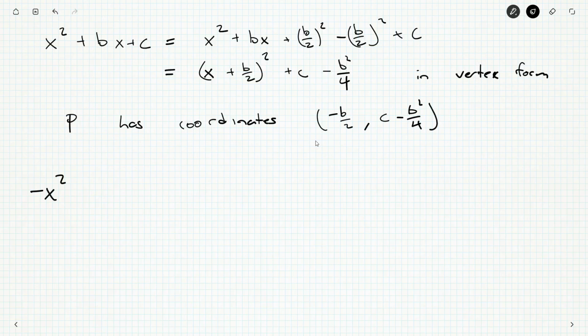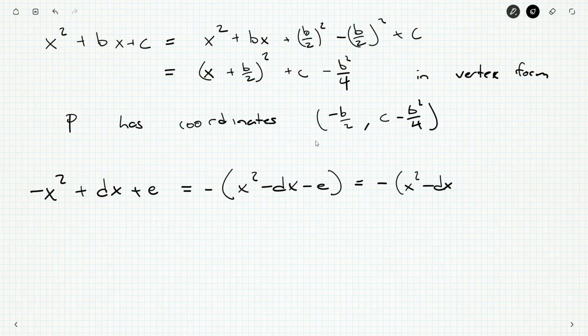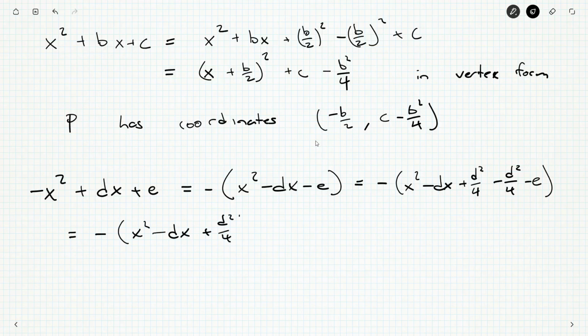Alright, so the other one, negative x squared plus dx plus e. Now this minus sign needs to come out, so we'll change it to negative, x squared minus dx, plus e. And now x squared minus dx plus d squared over 4, same sort of thing, minus d squared over 4, plus e.